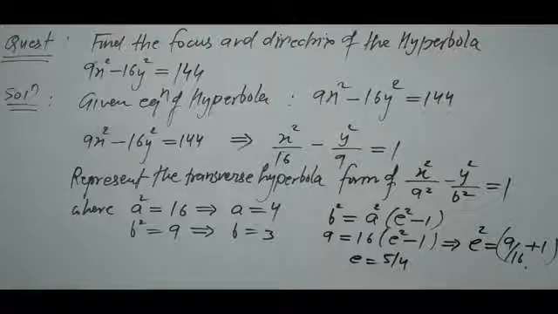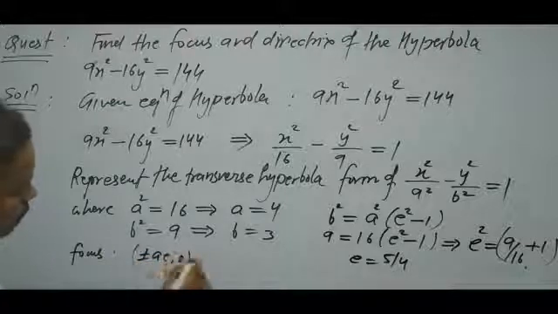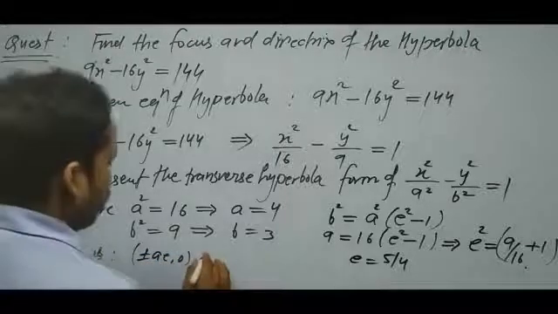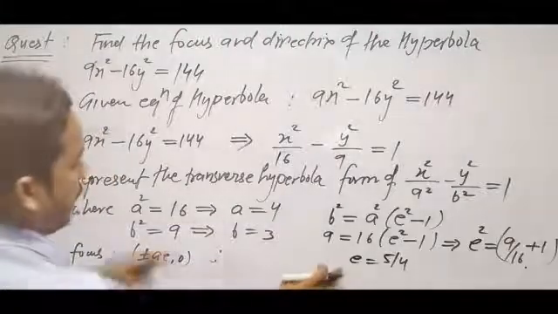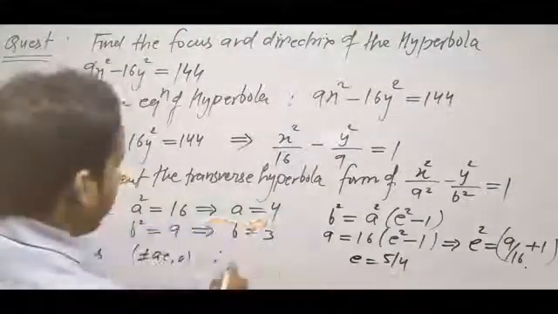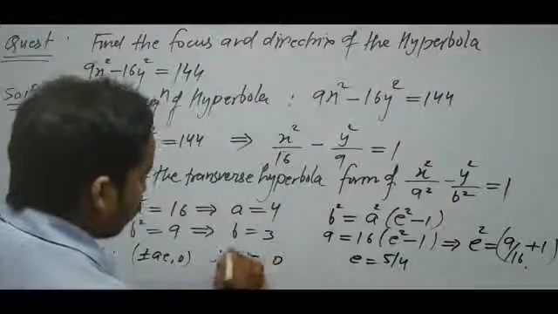Now you know focus, that is plus minus a comma 0. Now these coordinates will be a into e. a result is 4, e result is 5 by 4. So a into e result is 5, 0.